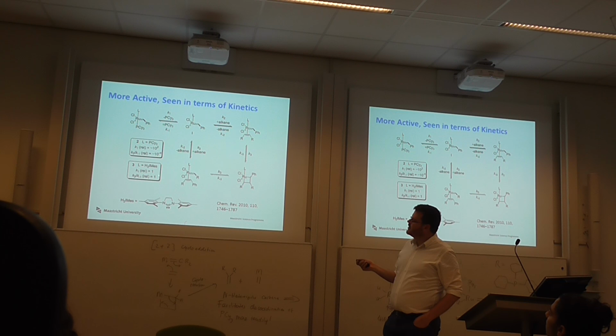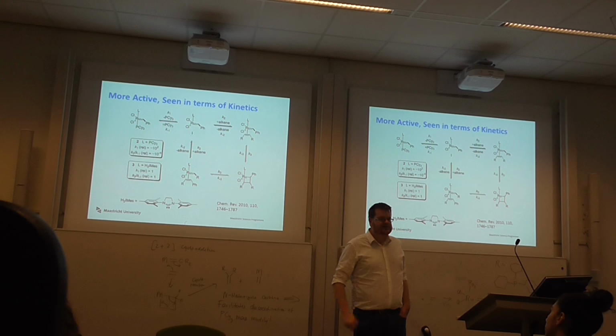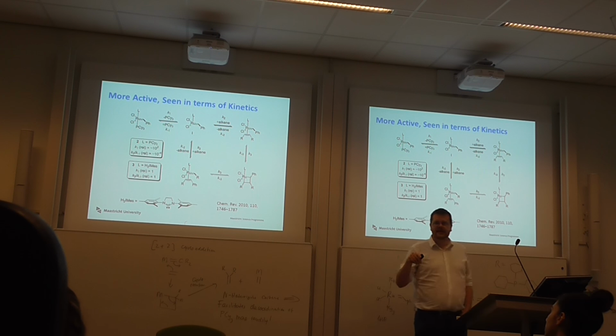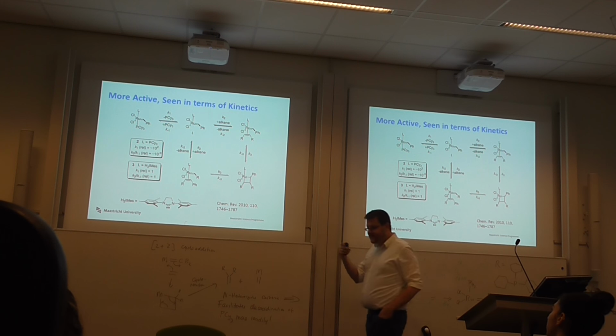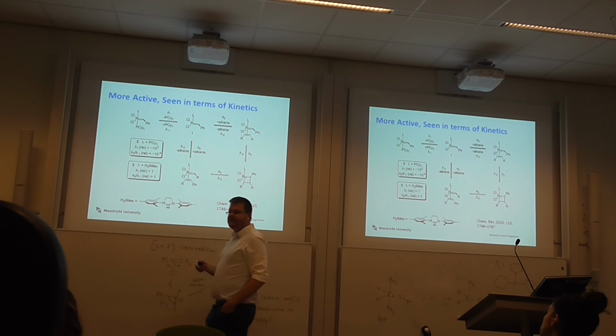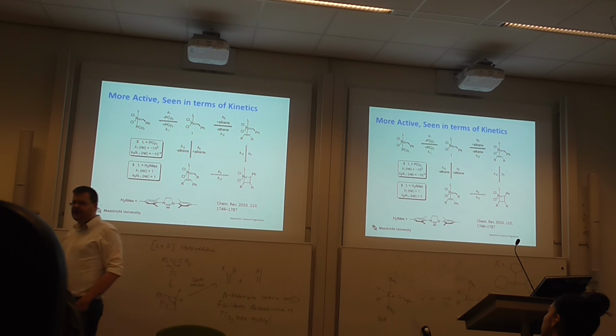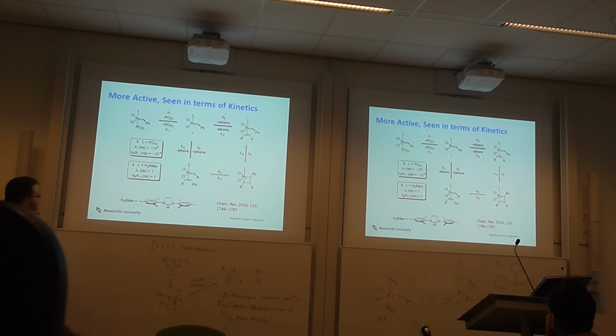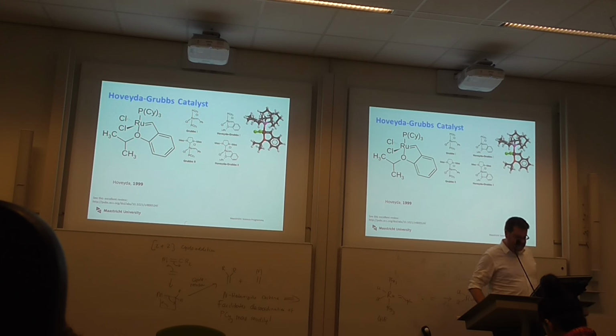It's 4 orders of magnitude lower than in the case of the N-heterocyclic carbene, which tells us that from a kinetic point of view, the second generation catalyst is going to do things much faster, which is what you can clearly see reflected by these values. So that is basically proof that the N-heterocyclic carbene is much better, hence the second generation catalyst.